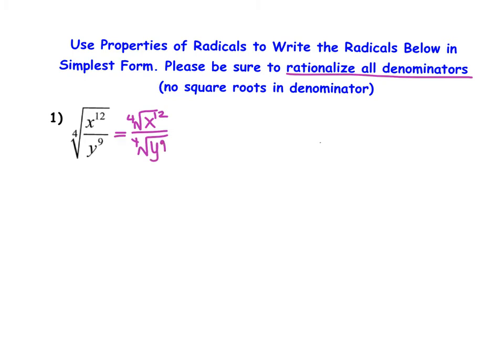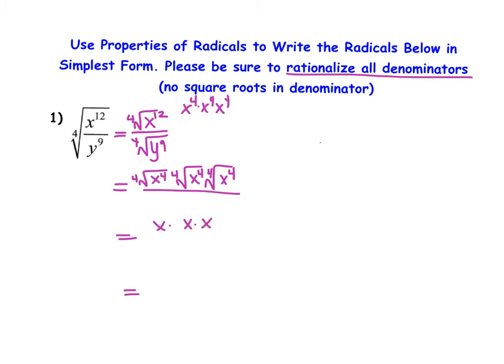So if I start splitting this up, at least in the numerator, I can split this up into x to the 4th times x to the 4th times x to the 4th. So I can get that numerator part solved out pretty quickly. So that numerator is going to become x times x times x, which is just x cubed.